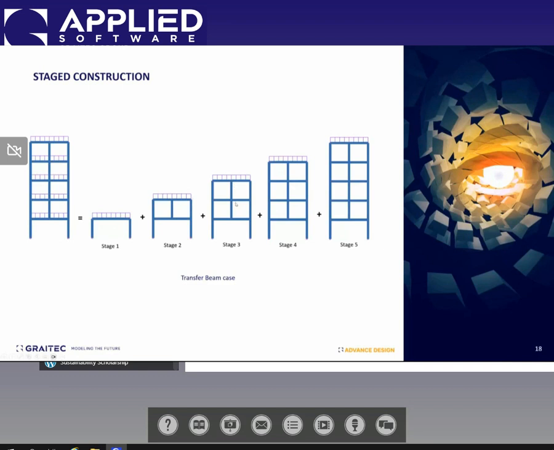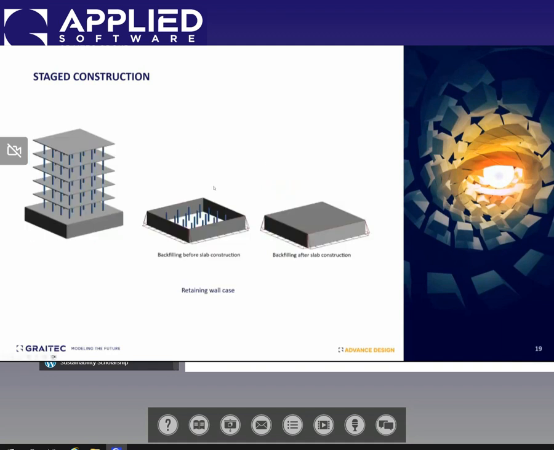So basically, what I mean here is, let's say the moment or deformation or internal forces of this beam can be different if we are doing it based on stages than if we are doing it like this with the complete structure created from the beginning.